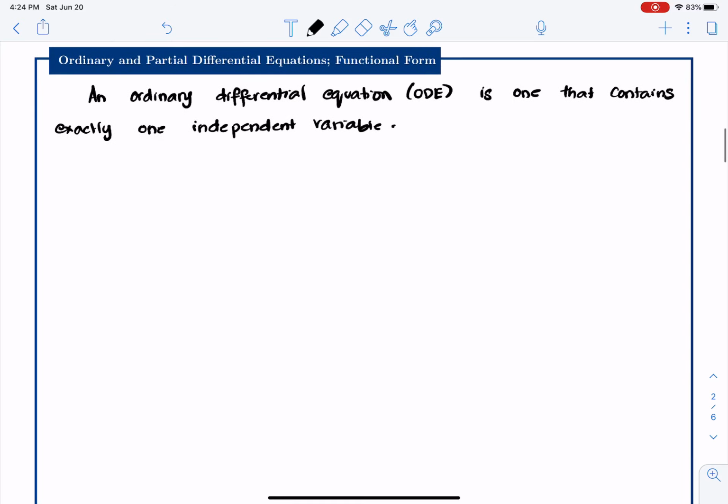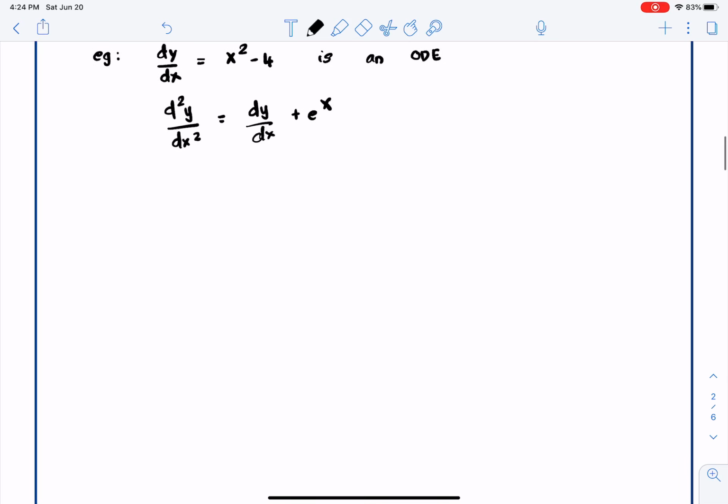So as an example, dy over dx equals x squared minus 4 is an ODE. d squared y over dx squared equals dy over dx plus e raised x is also an ODE.